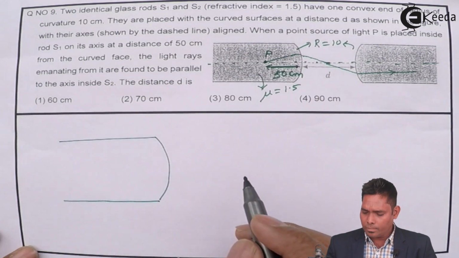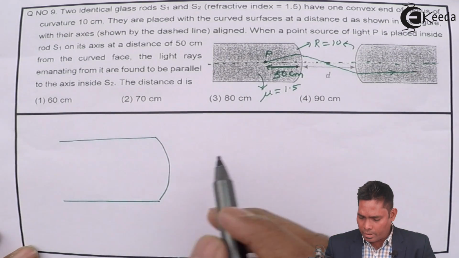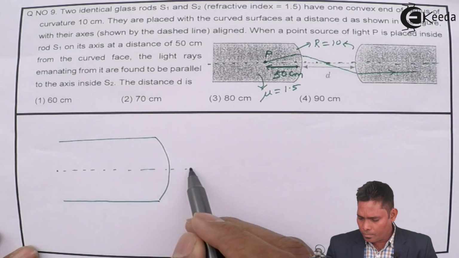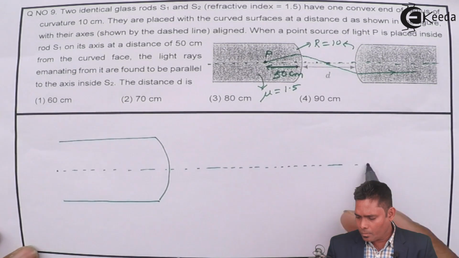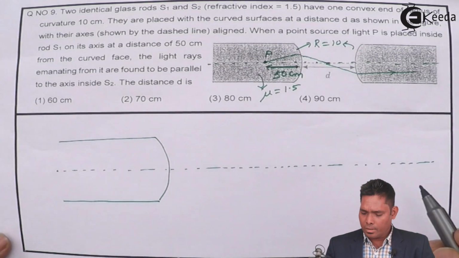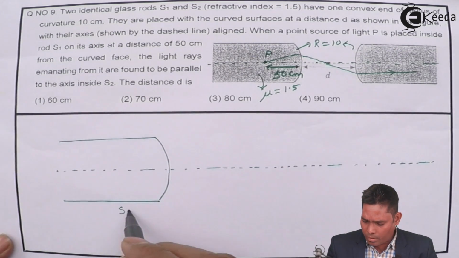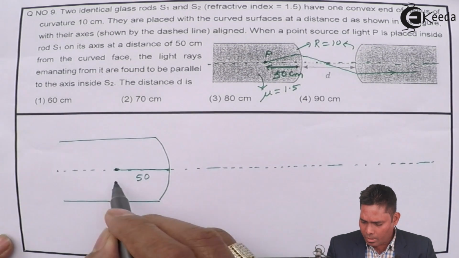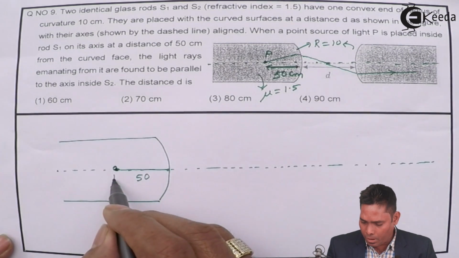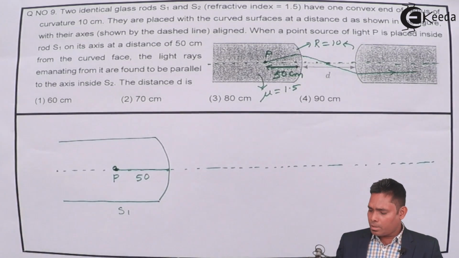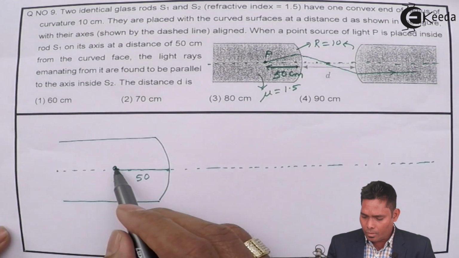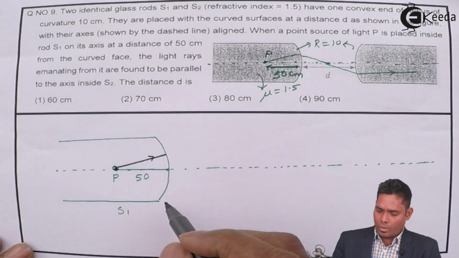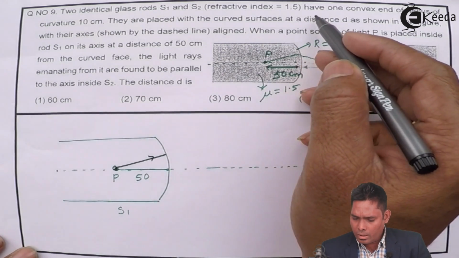This is S1, and this is the axis, and from here at a distance of 50 centimeter I have a point source P. The light will emanate from here, suppose in this direction, and its radius of curvature is 10 centimeters.